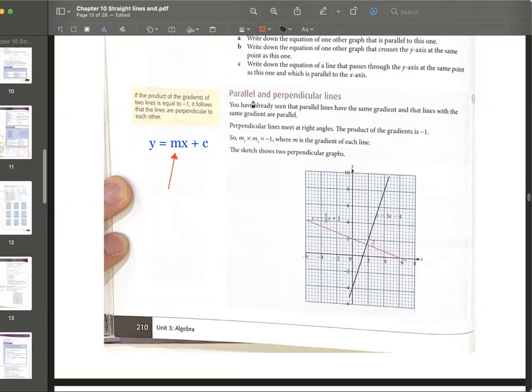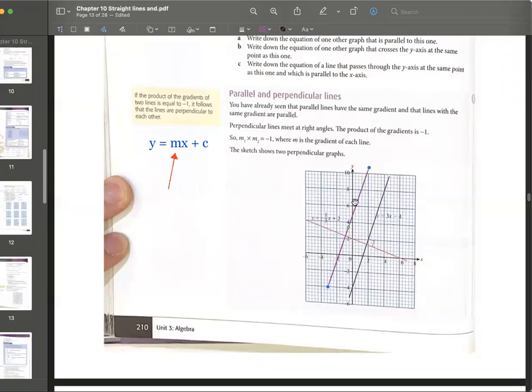So when we learn about parallel and perpendicular lines, they have something similar. Both will be affected by the gradient. So if I draw a line, let me change my color. If I draw a line here that is exactly the same as this line, and I move it here, you will notice that it will have the same gradient, because gradient is the steepness of the graph.